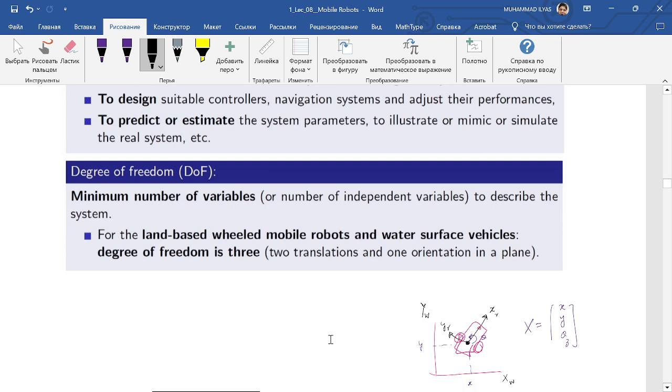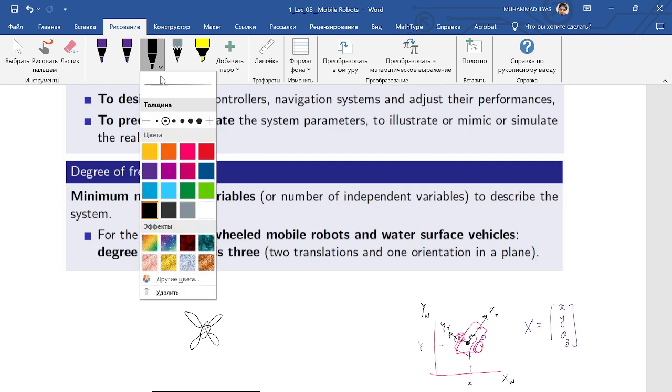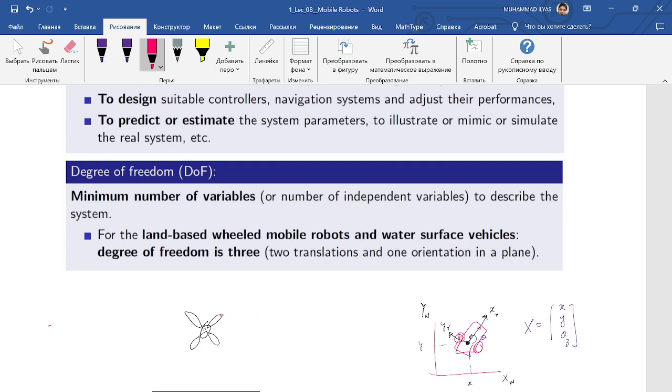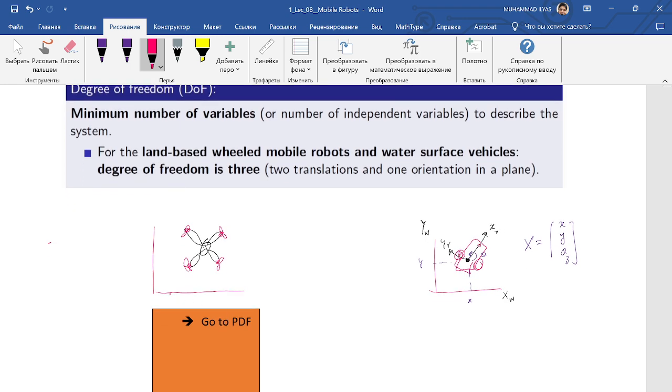If we have a flying robot, which can fly in air, for example a drone, how many degrees of freedom will it have? It has one rotor over here, one rotor over here, one rotor over here. Because this is moving in 3D space, you can say x world, y world, and z world.